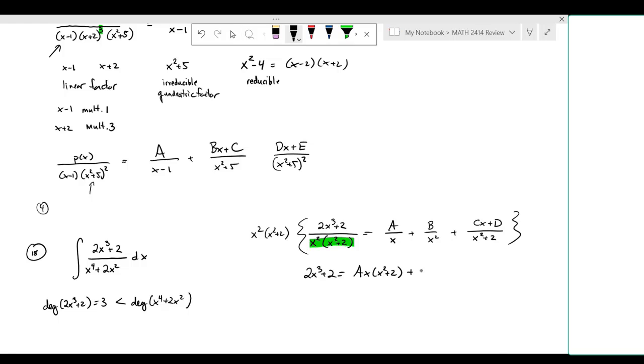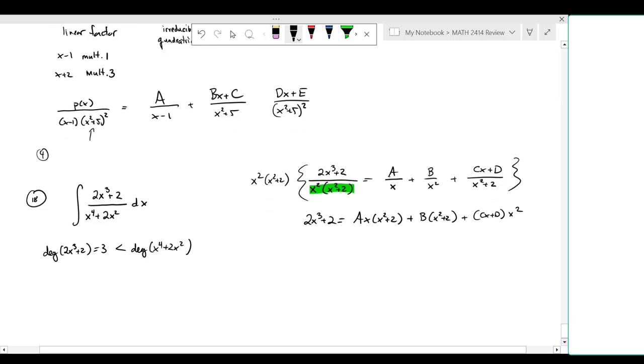So we're left with... and I think this x squared plus 2 is going to cancel the x squared plus 2 for the last term. So we're just left with an x squared. Okay.